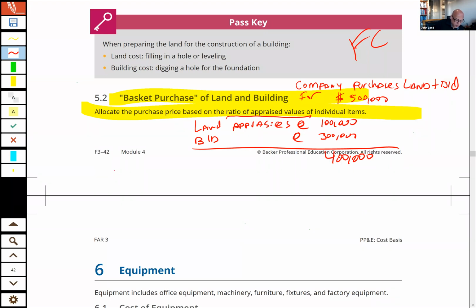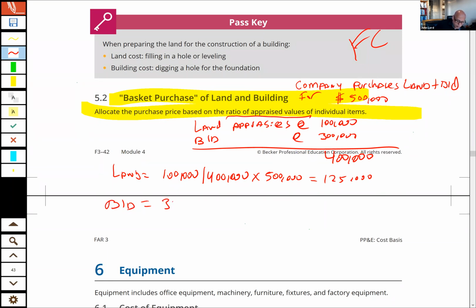So now I come up with the ratio for the land. I come up with 100,000 divided by the total 400,000 times the $500,000 purchase price. That means that the land is equal to 125,000. Then I do the building.